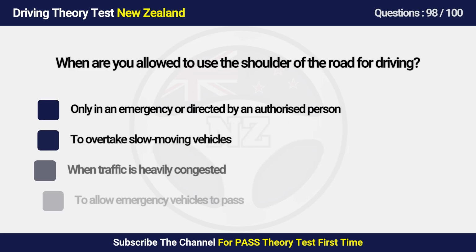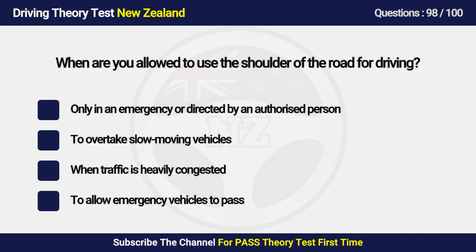Question 98. When are you allowed to use the shoulder of the road for driving? A. Only in an emergency or directed by an authorized person. B. To overtake slow-moving vehicles. C. When traffic is heavily congested. D. To allow emergency vehicles to pass.